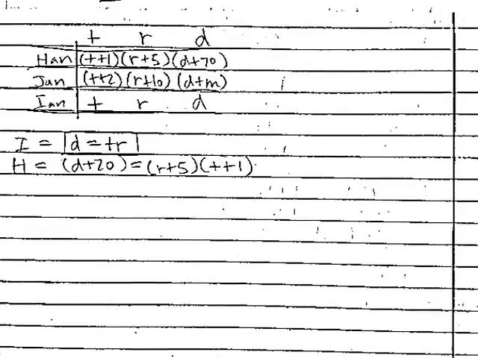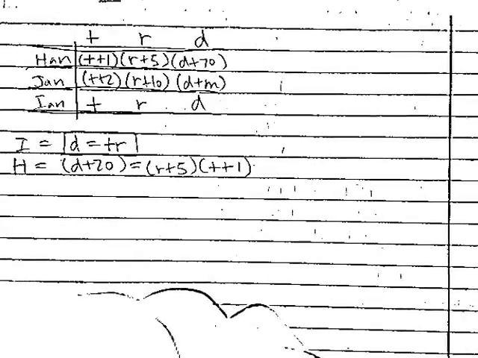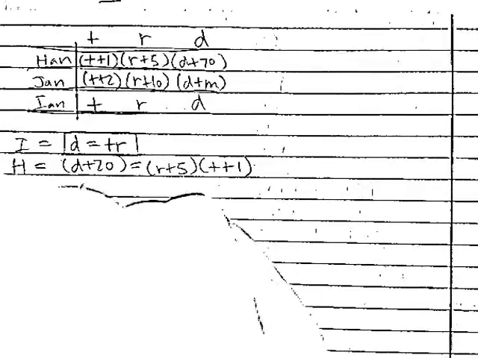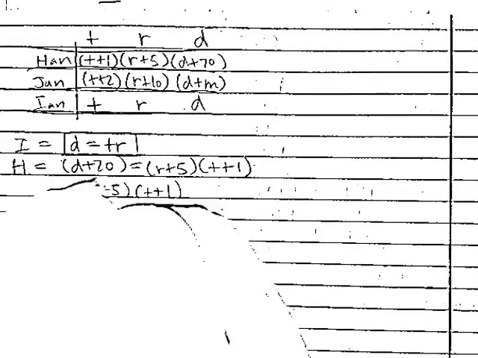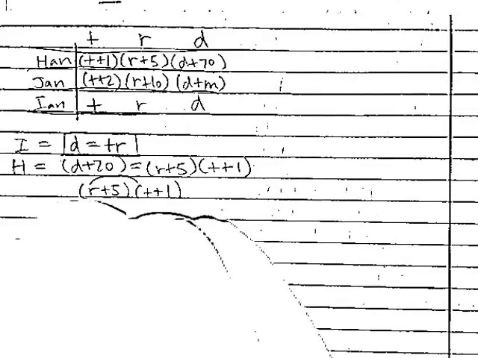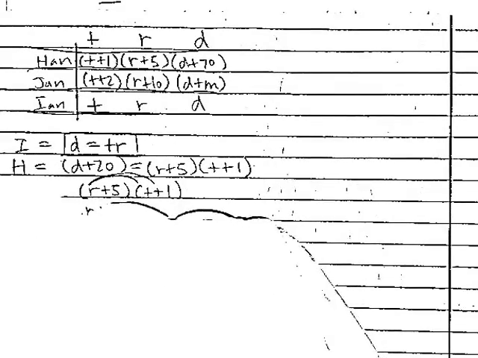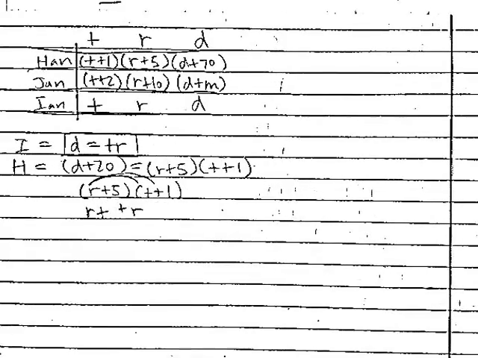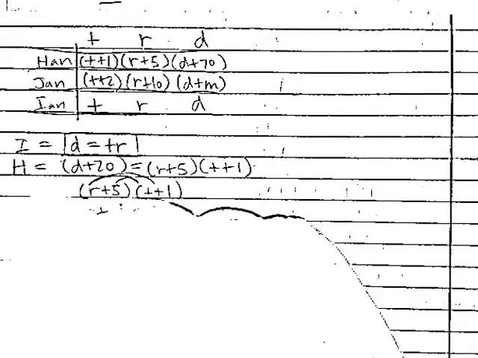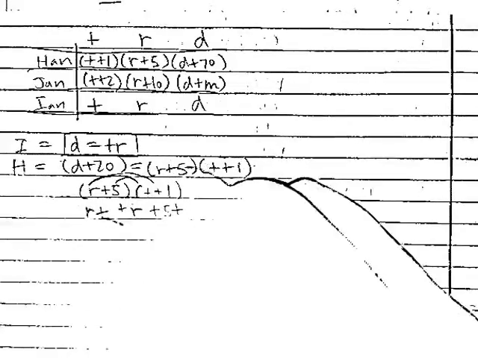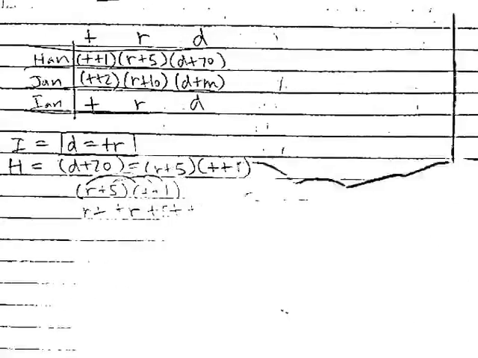And so if I multiply these out, t plus 1 and r plus 5, first RT, outer plus R, inner plus 5t, and last plus 5.